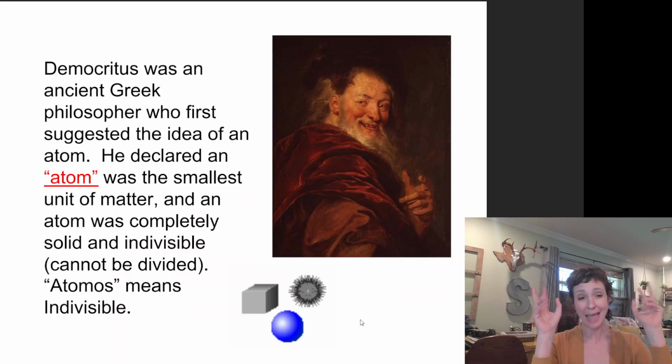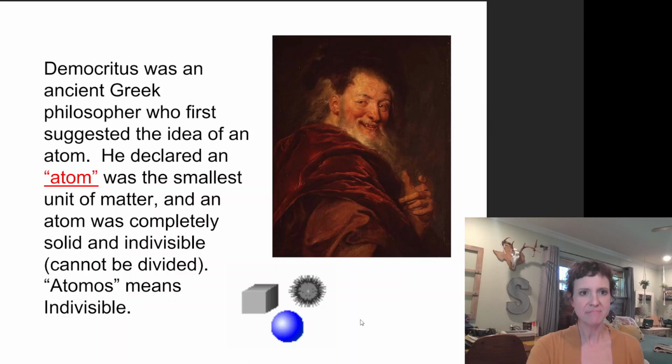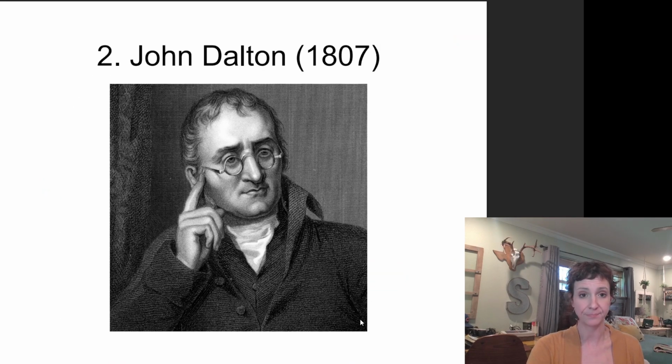So this term atom came from the word atomos, which in Greek means indivisible. So that's basically what he said. It didn't really give us a model of what an atom looked like, but he said that there's got to be something that is the smallest unit of all matter. So good for him. That was in 400 BC, a long time ago, right?